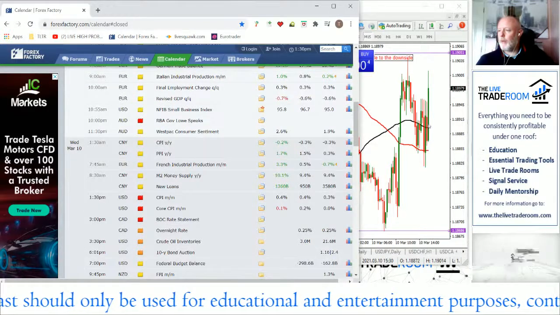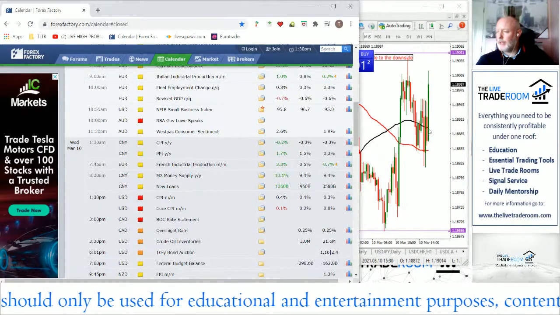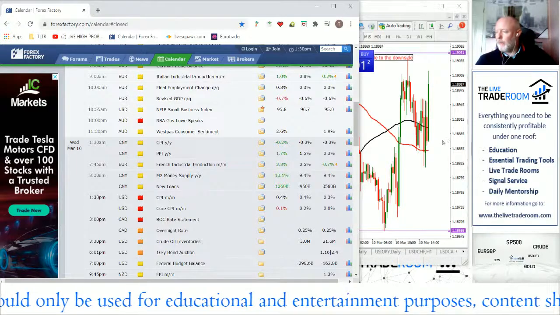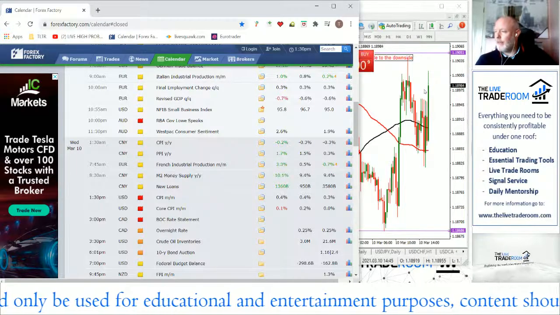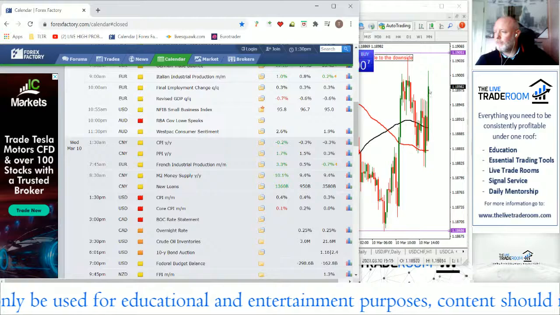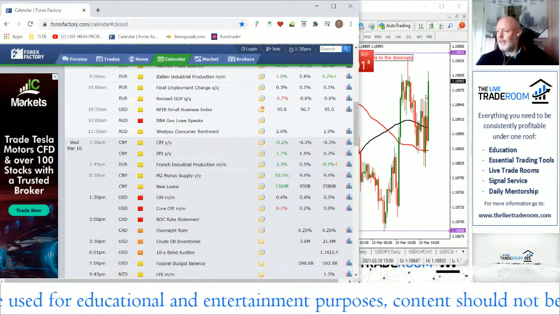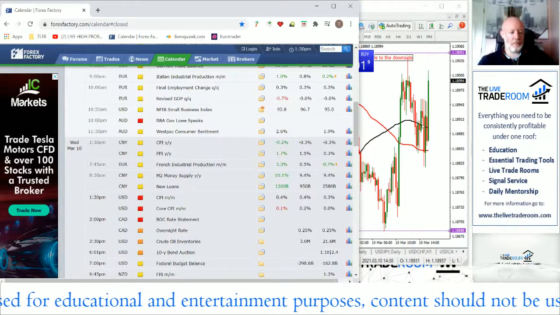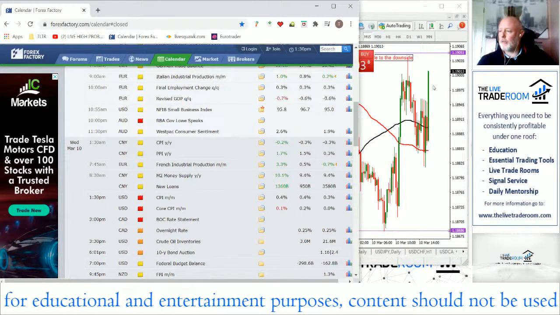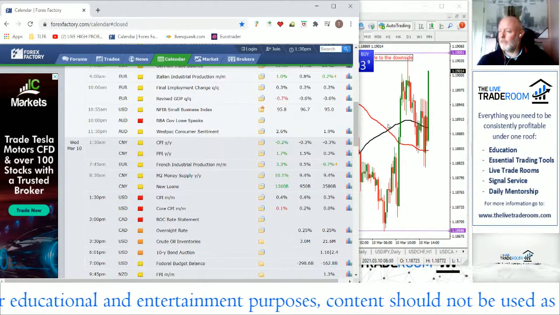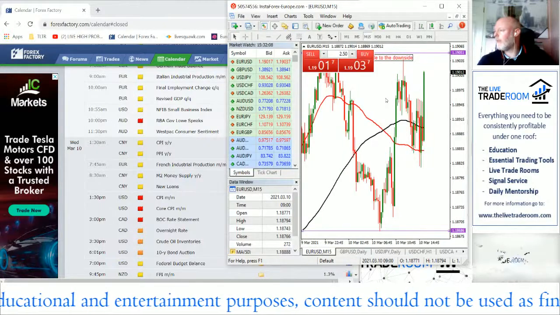So look, all we can really see is the price action move from sort of 1885 up to 1898. So we've only seen a sort of a 10-15 pip move. So by no means is that hugely explosive.